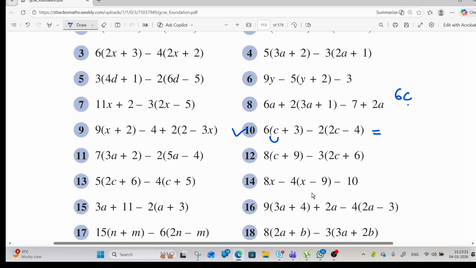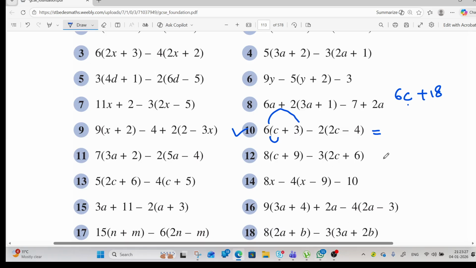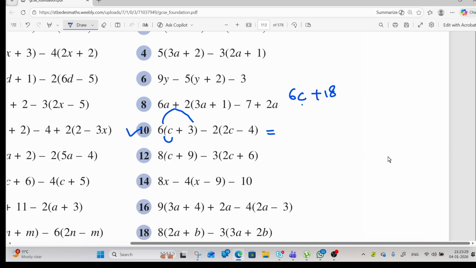Then plus 18, very good. Minus 2 times 2c is 4c, very good. Minus 4 times negative 2: 4 times 2 is 8. Yes, they both are negative, negative 4 and negative 2, so you get positive 8, right?